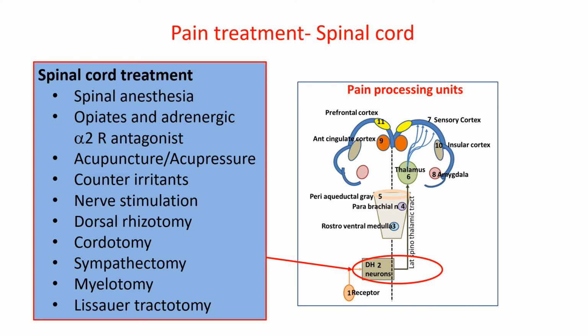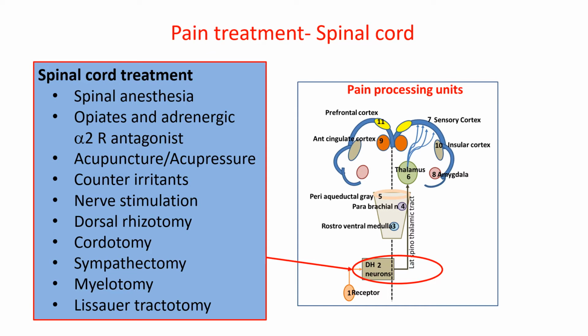Sympathectomy is practiced for thromboangiitis obliterans or any sympathetically mediated responses, the painful responses, the vascular or the visceral pain.